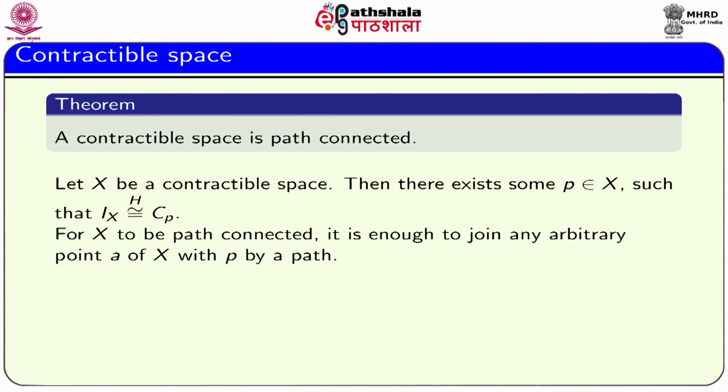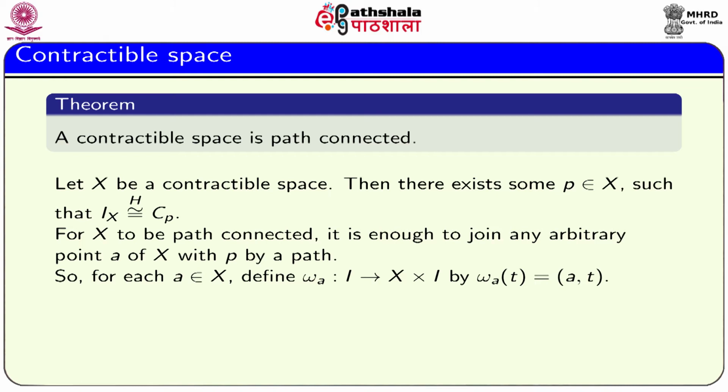For capital X to be path connected, it is enough to join any arbitrary point A of capital X with the given point P by a path, because we know that if we have any two points A and B in the space capital X and we want to join them by a path, it is enough to join A with P and P with B and take the product of paths.